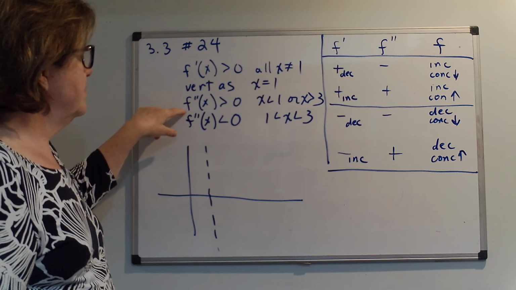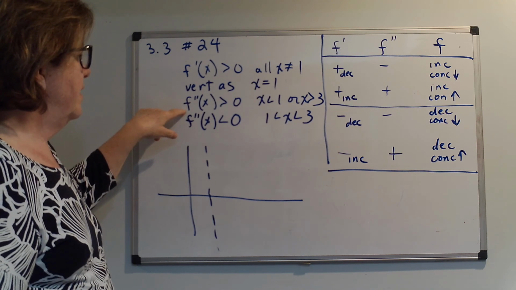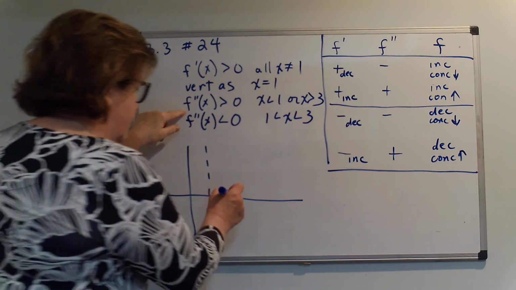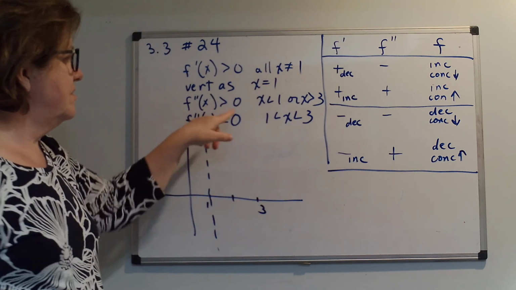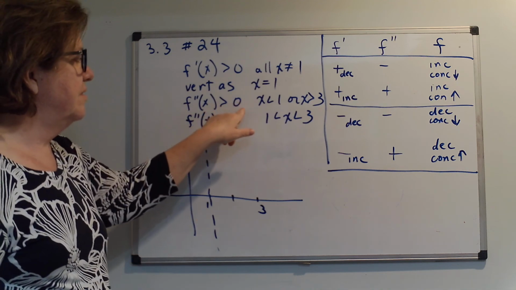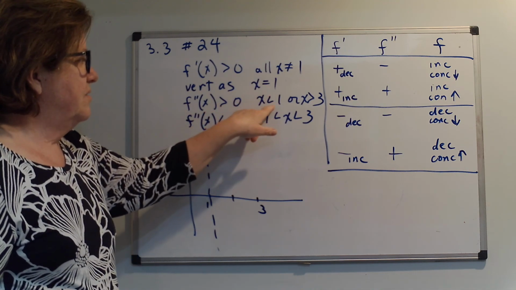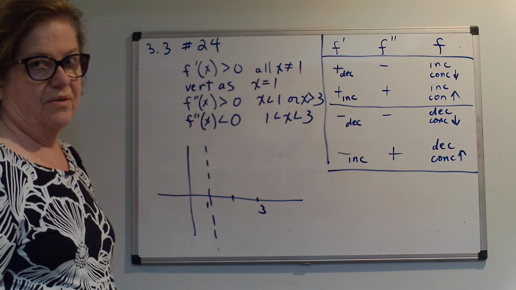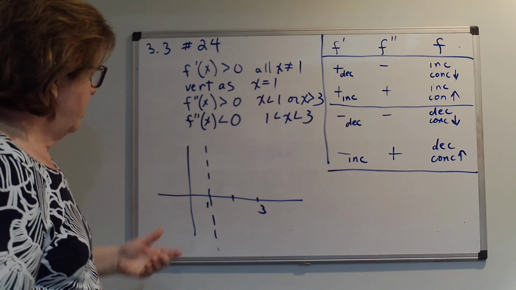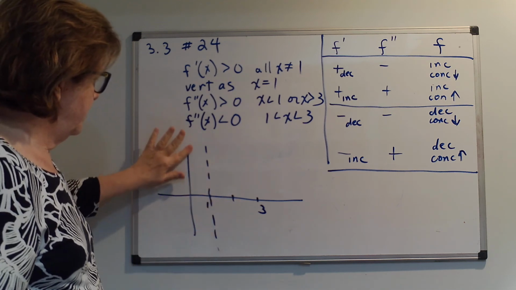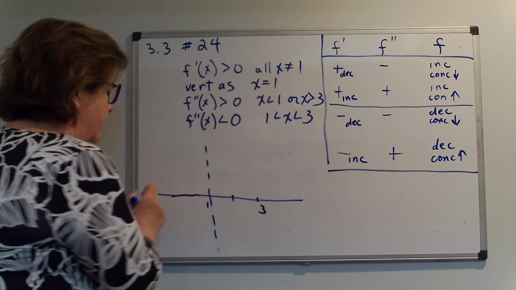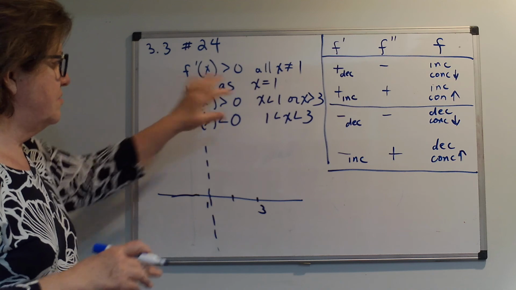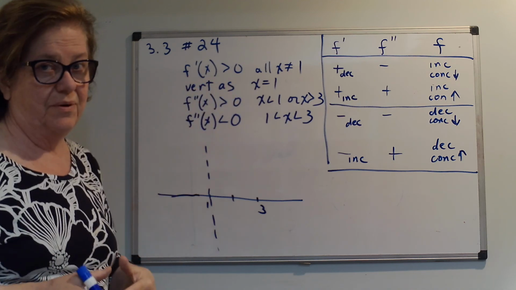Now we know the second derivative is positive when x is less than 1 or x is greater than 3. Let me get rid of this y-axis for a minute, because this only gives us information about the shape of the function.